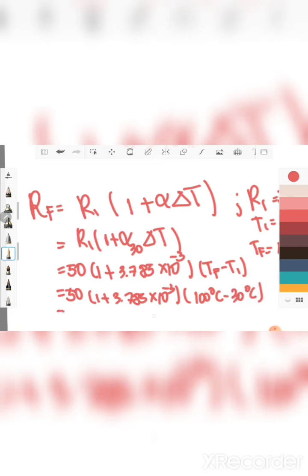So solving the problem using your calculator, we have 50 times 1 plus 3.785 times 10 raised to negative 3 multiplied by 100 minus 30. So what is your answer, guys?